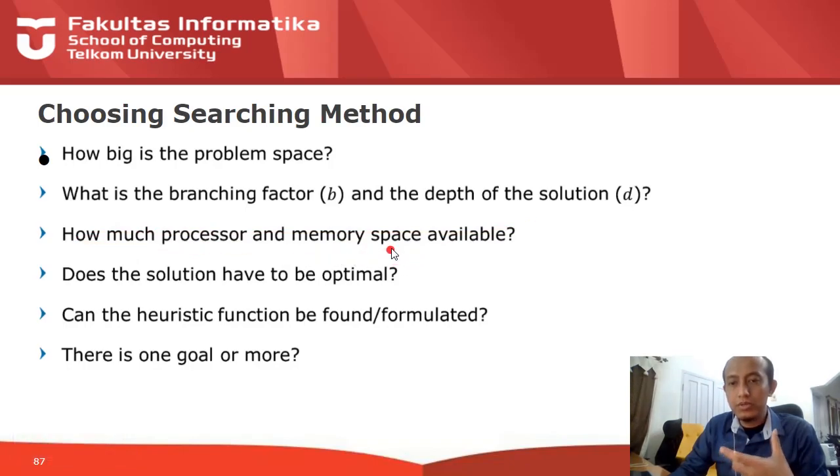Processor and memory usage, since there are algorithms that use these resources more efficiently. Does the solution have to be optimal? Because if not, we can use a heuristic algorithm. Of course, if you use a heuristic algorithm, you need to make sure that the heuristic function can be formulated.